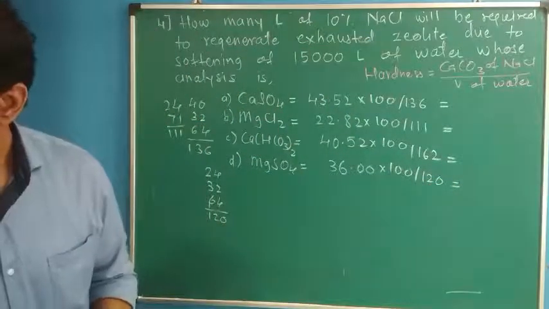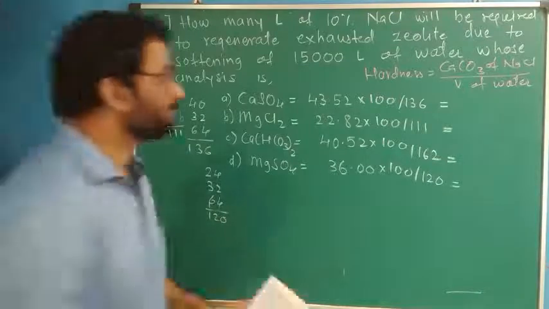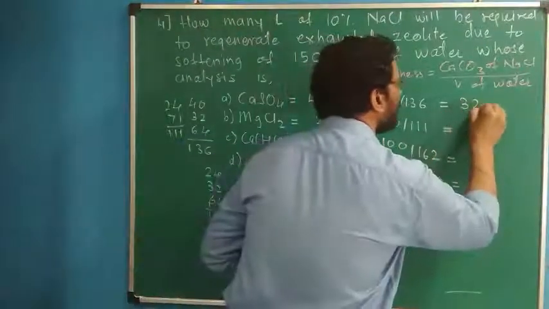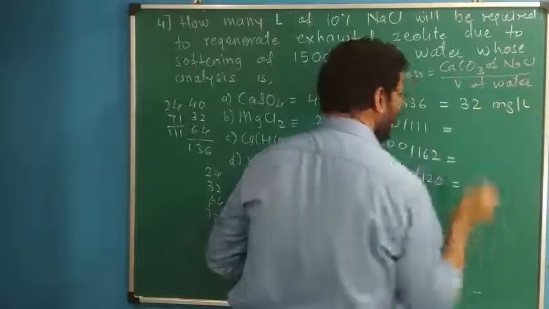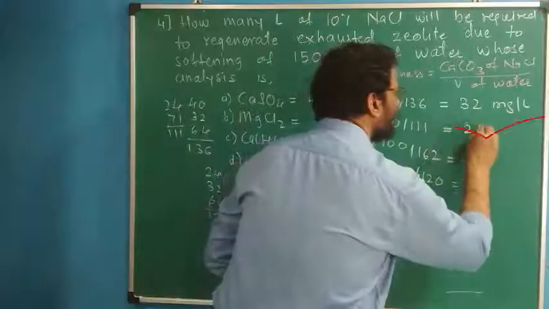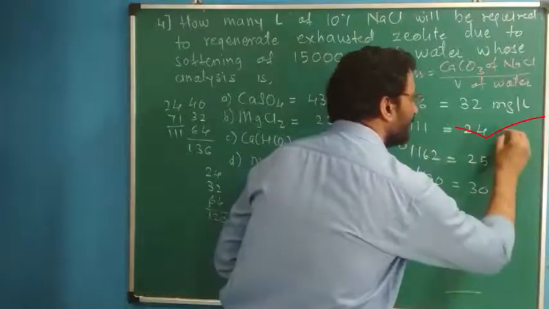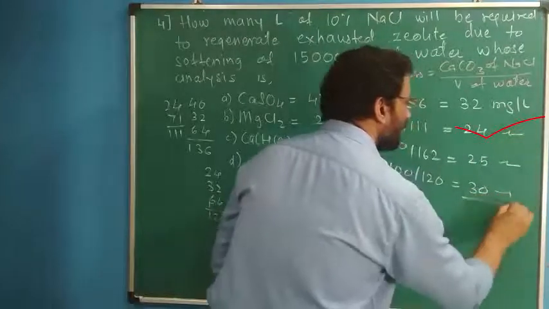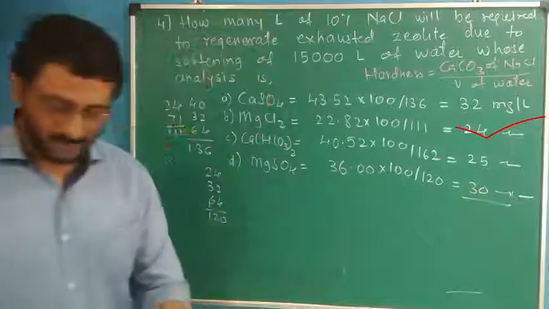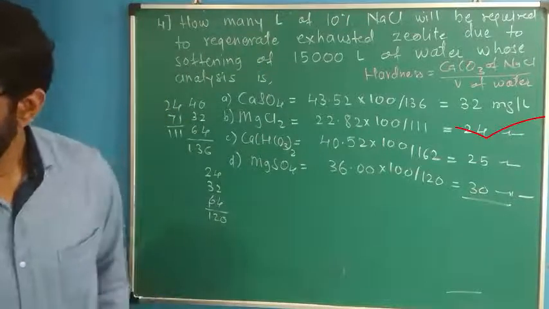My answers are 32, 24. It will be 32 milligrams per liter. Then it will be 24. Then it will be 25 and 30. Like this. Sum of these four will be the hardness of that water. My answer is 111.